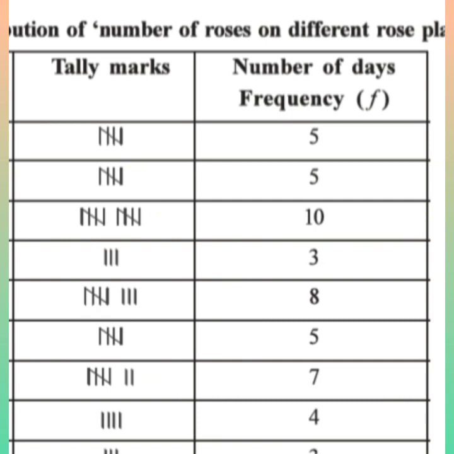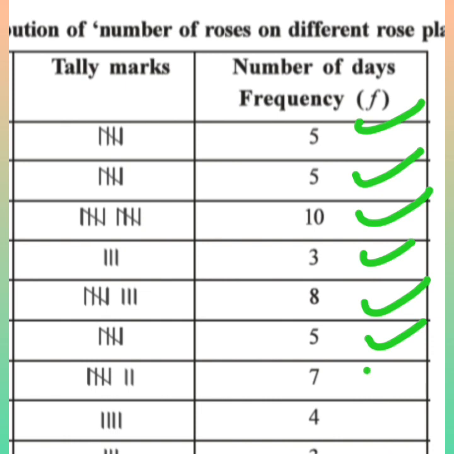See over here, children. If we count the tally marks, you would find the first row shows 5. Then again it is 5. Then two groups of 5, that is 5 plus 5, 10. Then 3. Then 8. Then 5 again. Then 5 plus 2 is 7. Then 4. Then 3.